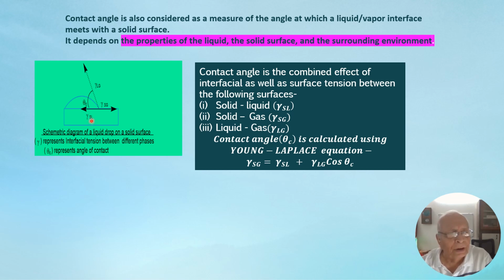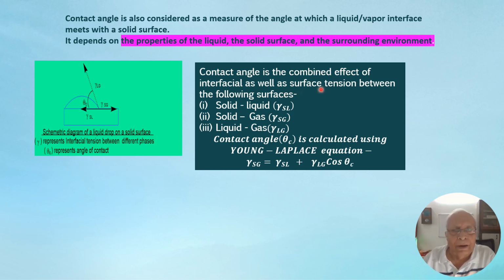And that interfacial tension is known as gamma SL if it is between solid and liquid, gamma SG between solid and gas, and gamma LG between liquid and gas. And theta C is the contact angle. Now this is a schematic diagram of the liquid drop on the solid surface. Gamma represents the interfacial tension between different phases. Theta C represents the angle of contact.